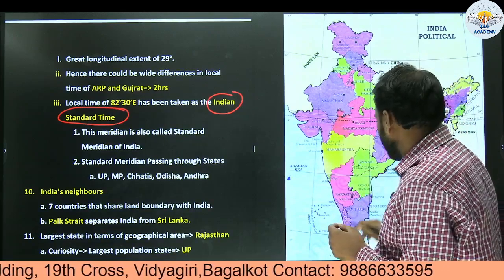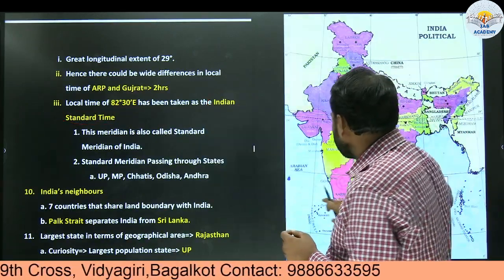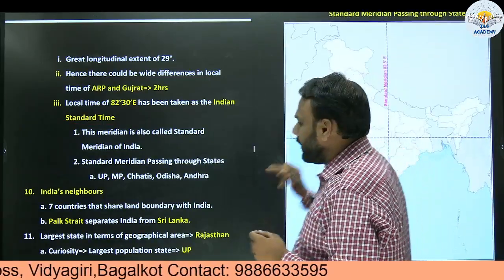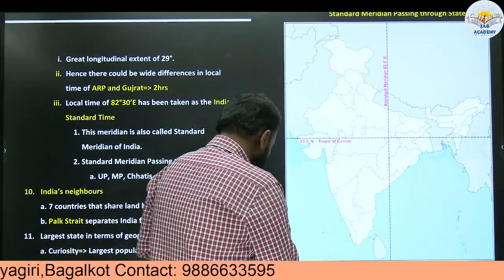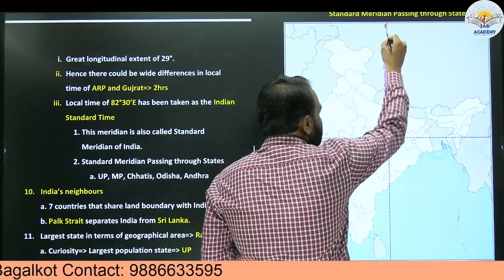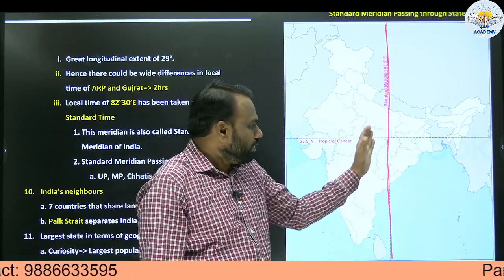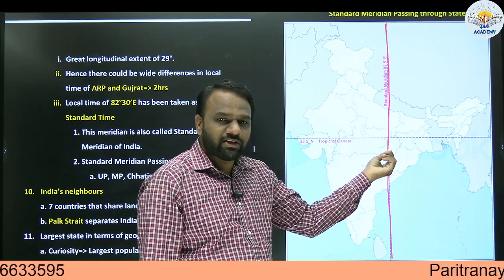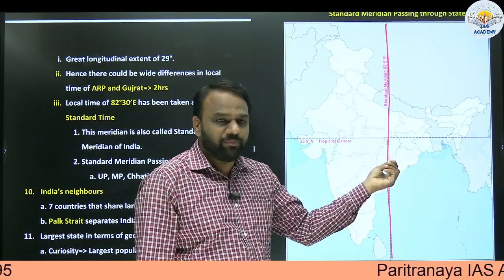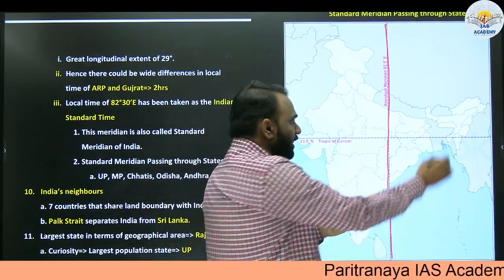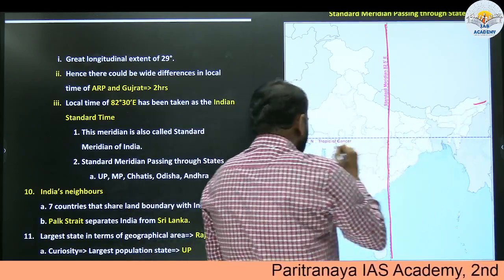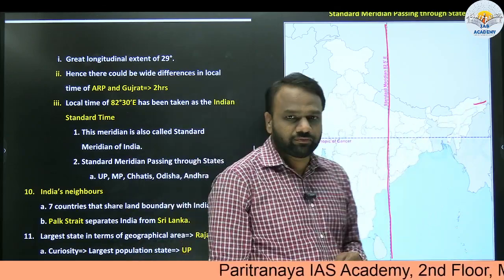We have taken 82.5 degree as a reference point. This is our Indian Standard Meridian. This has been taken as a reference and adopted as the standard time, and the same time has to be adopted throughout the country, whether it is Arunachal Pradesh or Gujarat.